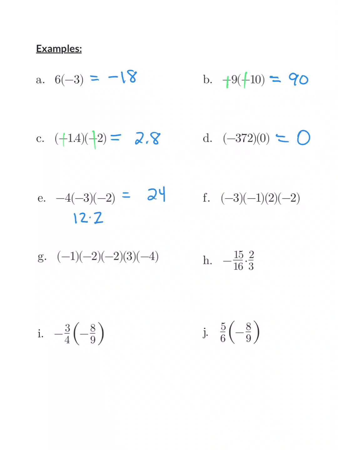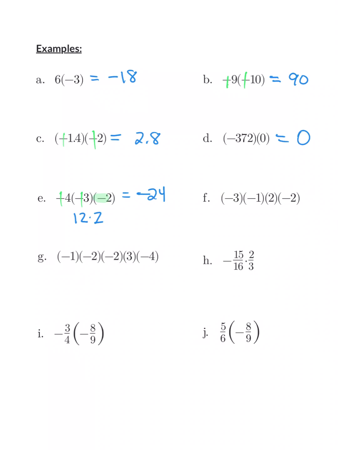I have a total of 3 negatives. Since that is an odd number, my answer will be negative. Or, remember, we can cross out negatives in pairs. Since I still have one negative left, my negative will stay with the answer.